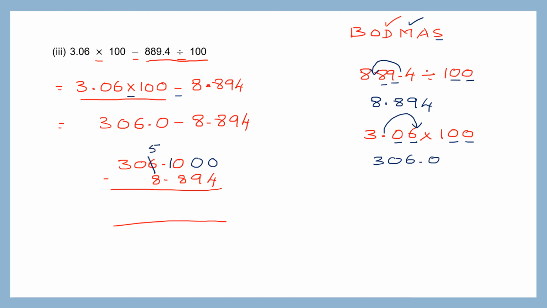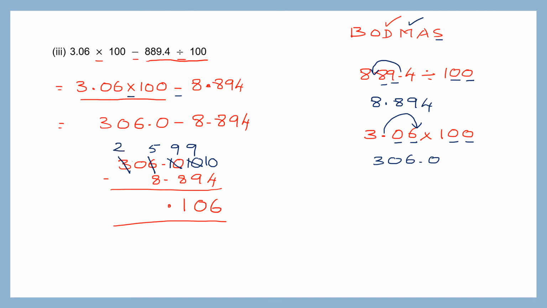6 becomes 5. Now this becomes 10, 9, then again 10, 9 and 10. 10 minus 4 is 6. 9 minus 9 is 0. 9 minus 8 is 1. Put the point. Now 5 minus 8 I cannot do, so I'm going to borrow and borrow again from 3.